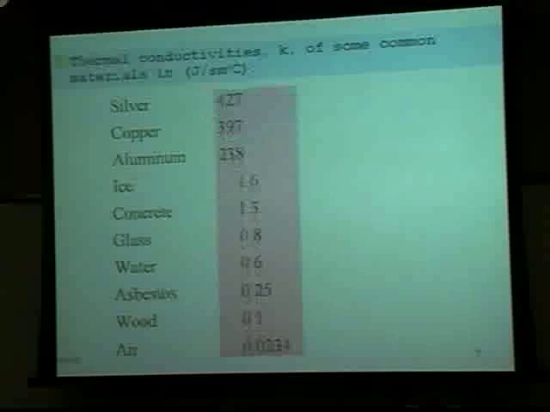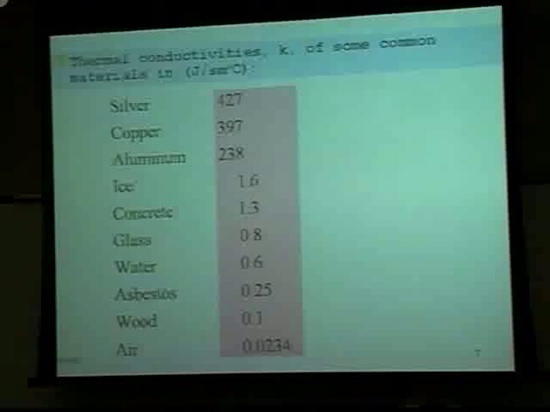Here are some thermal conductivities of some common materials in SI units, joules per second per meter per degree Celsius. We can see the thermal conductivities of good metals with free electrons, silver, copper, aluminum, quite high in these units.